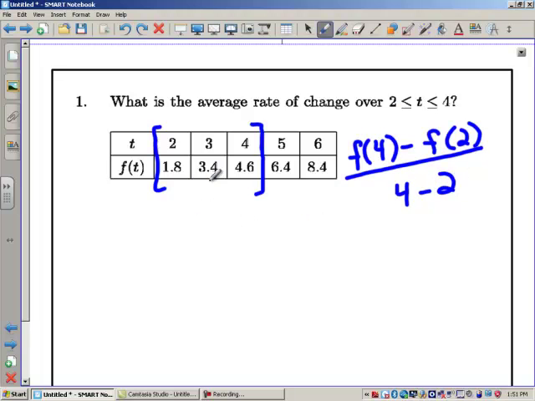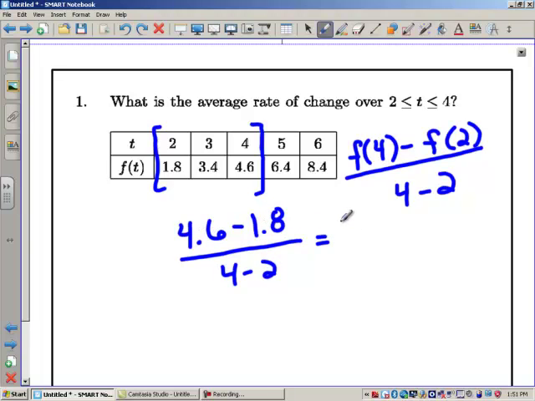So let's actually do that calculation. f of 4 is the y value at 4, and that y value is 4.6. f of 2 is the y value at 2, and that is 1.8. And then, of course, we have 4 minus 2 down here. So I've got y2 minus y1 over x2 minus x1.